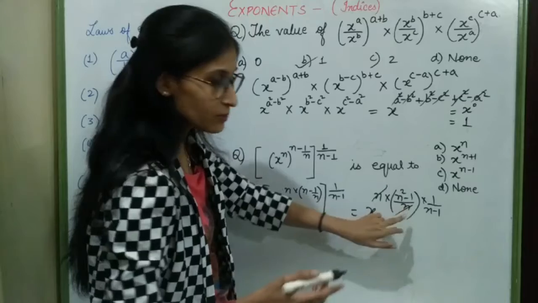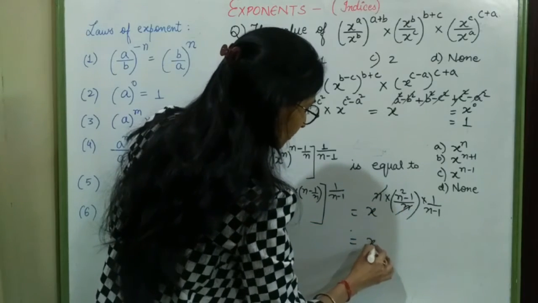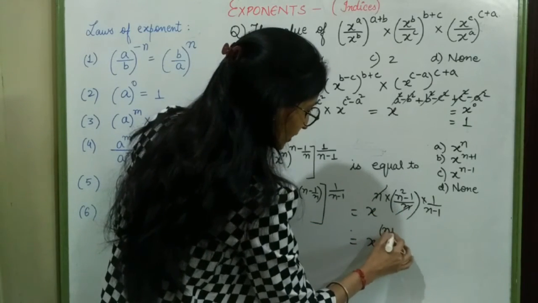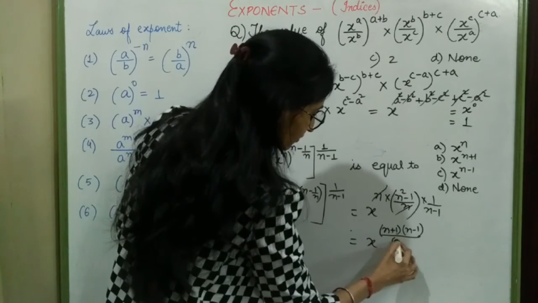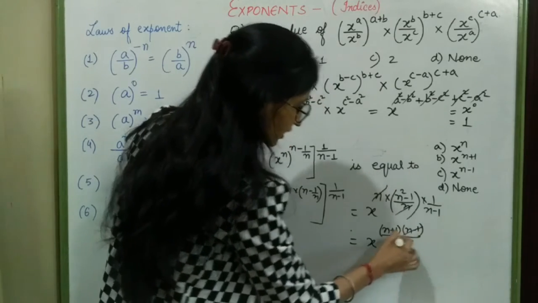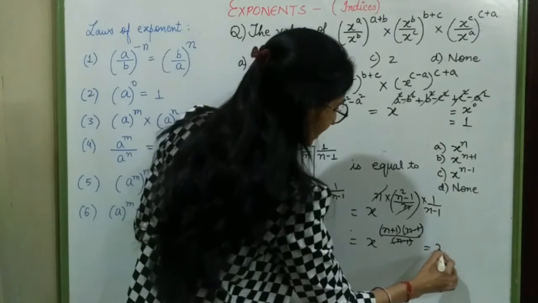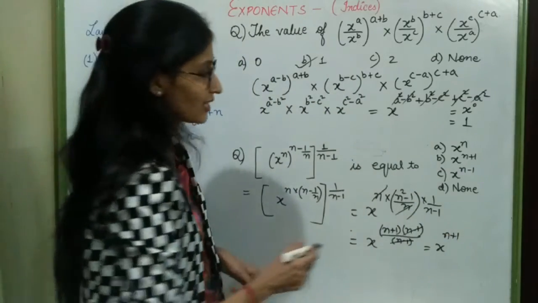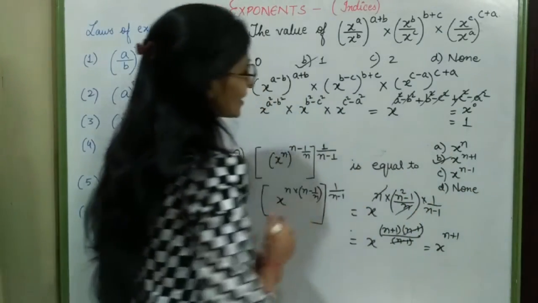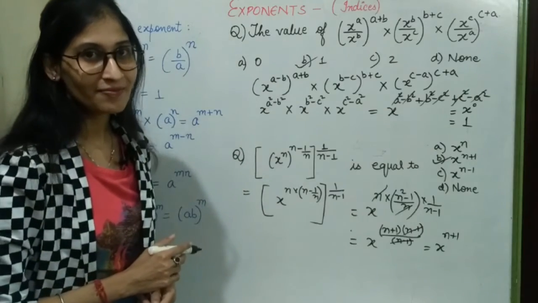If I am going to expand this, it will become n plus 1 n minus 1 upon n minus 1, cancel out. So my final answer is x raised to power n plus 1. My option B here is the correct option.